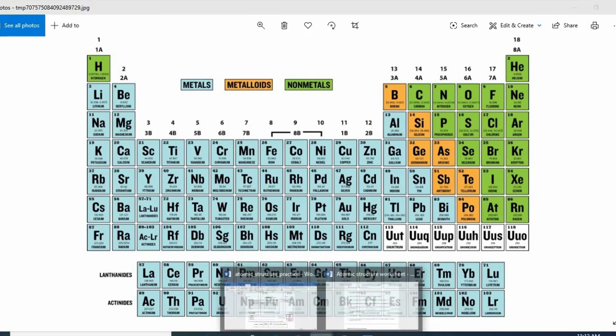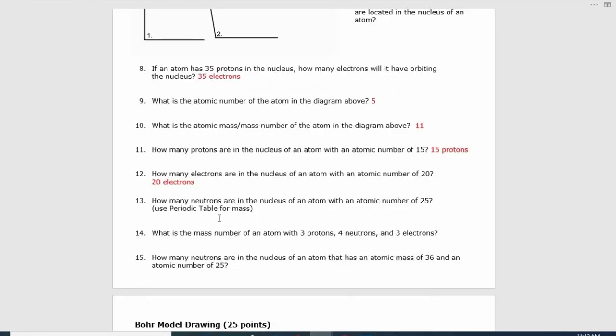So if we want to count the number of neutrons, we must say 55 minus 25 equals 30. So we have 30 neutrons in this atom. We subtracted the atomic number from the atomic mass and we got 30 neutrons.